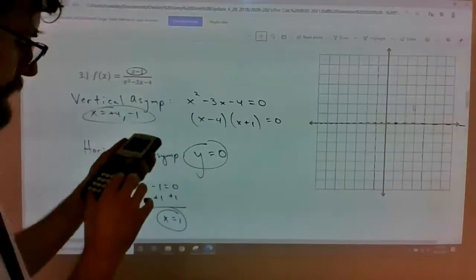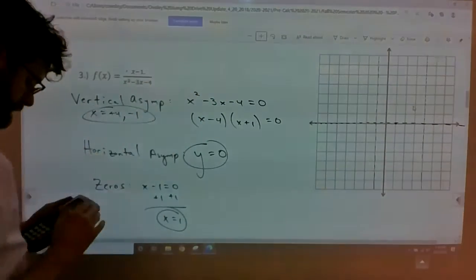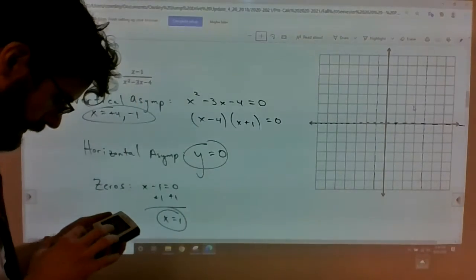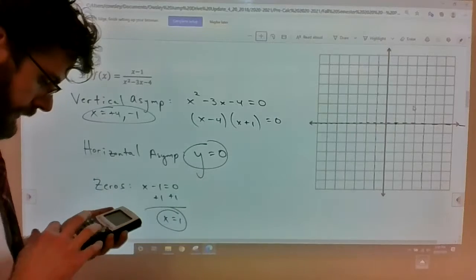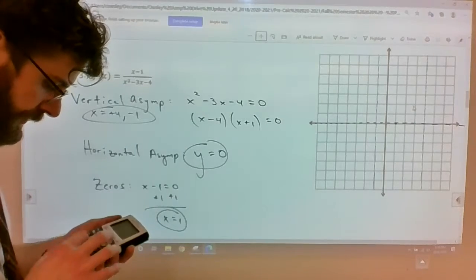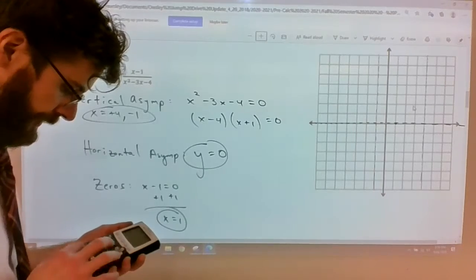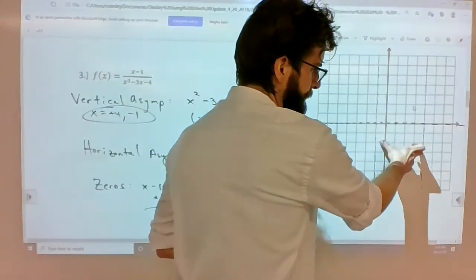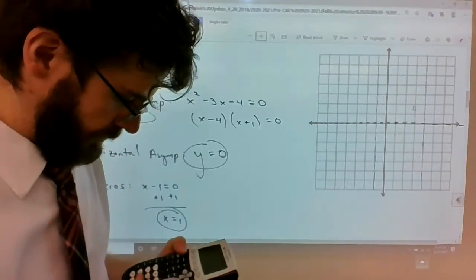So we've got x minus 1 up top. On the bottom, you've got x squared minus 3x minus 4. All right, let's start the table. Let's figure out what's going on in between these two asymptotes.